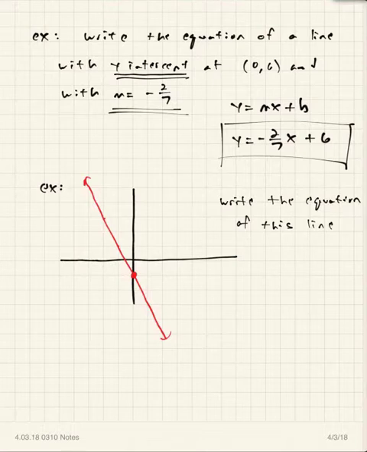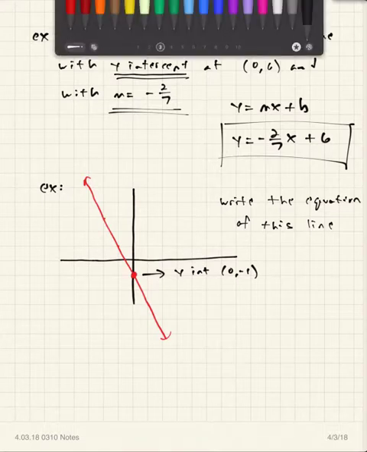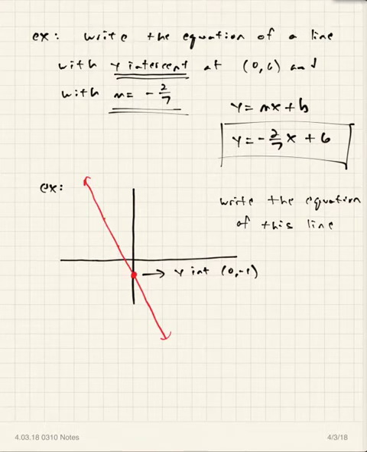All right, so to write the equation of this line, first of all, we identify the y-intercept of this line. We can read it off of the graph that the y-intercept is at the point 0, -1. And I also want you to notice that you can actually read the slope of this line as well, because, pick a point on the line that you can clearly see that the line goes through.